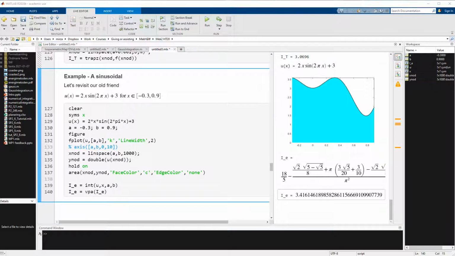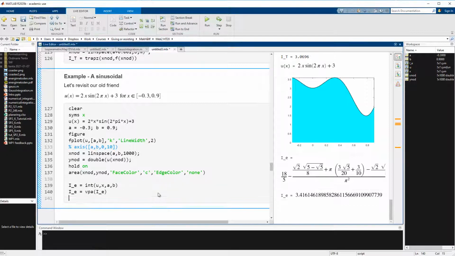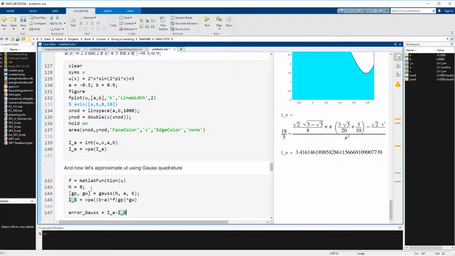Okay, so let's approximate it using the Gaussian quadrature here. So let's see what we have here. We have 8 function evaluations, or the Gauss order is 8, and we're doing this from this range here. So using Gauss function here, again, it makes more sense because we're not in the sense of finite element method here.